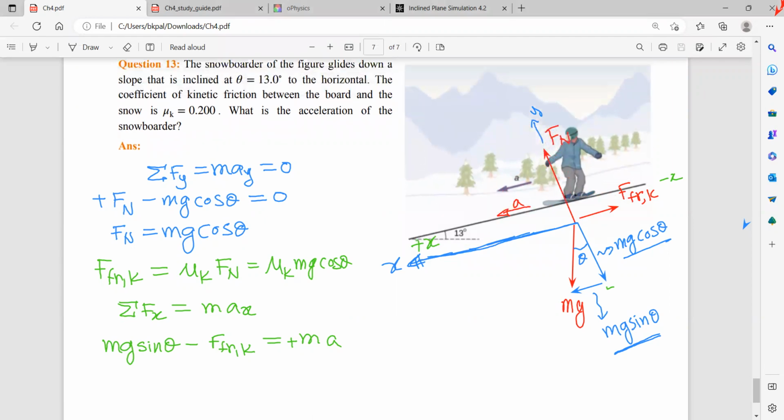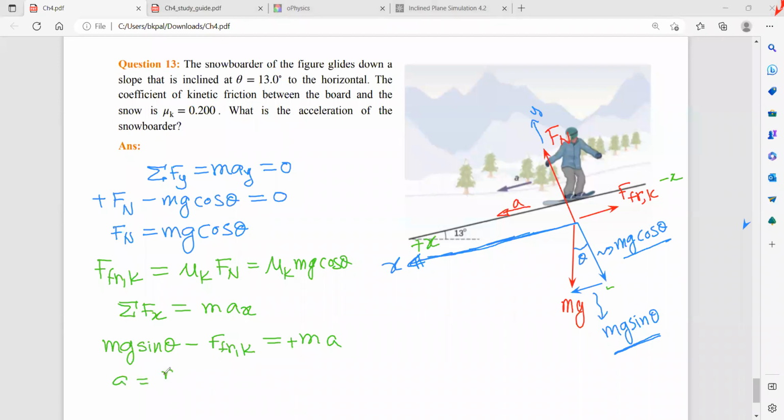Now let's solve for a. So a will be mg sine theta minus frk over m.